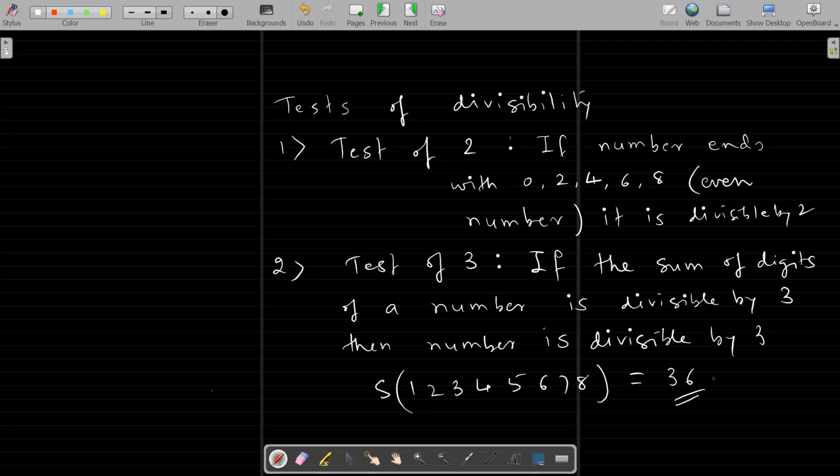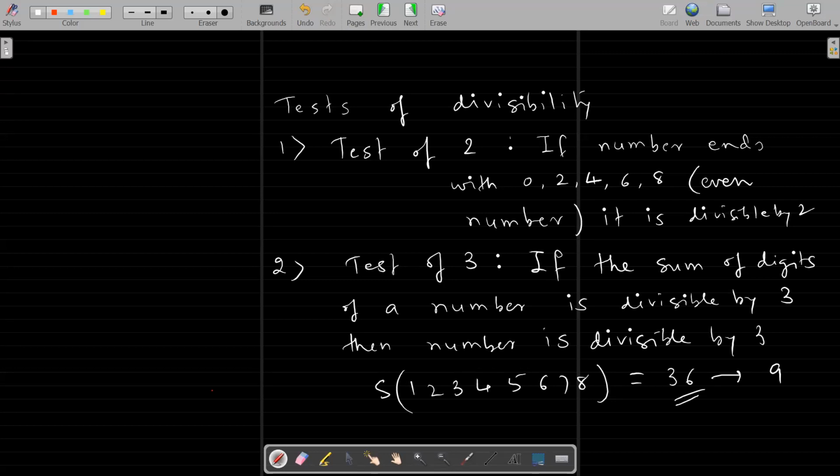So the sum is 3 plus 6, 9. And at least this is a single digit. I know 3 divides 9. So I can continue till I get as simple as possible. And then if this is divisible by 3, the original number is divisible by 3. Fine?